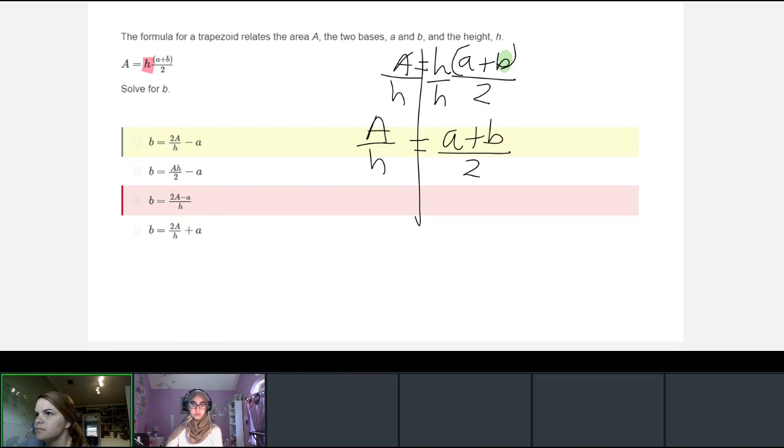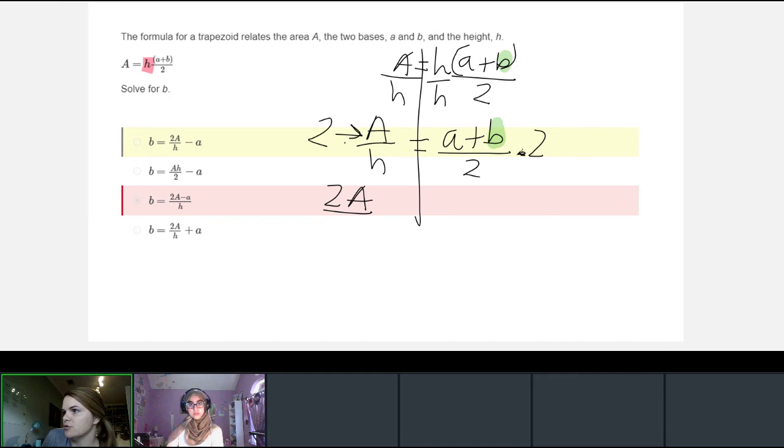Now again, we're still solving for B. So we want to get rid of this dividing by 2. To undo the division, we're going to multiply by 2 on both sides. So now I multiply straight across.